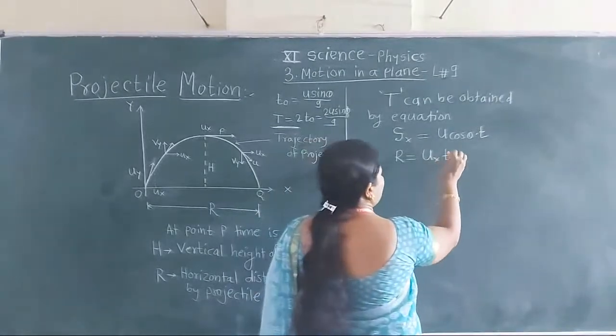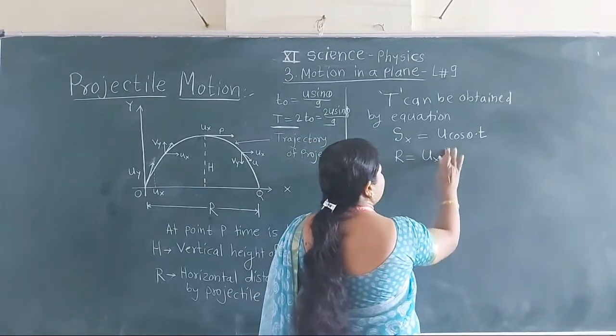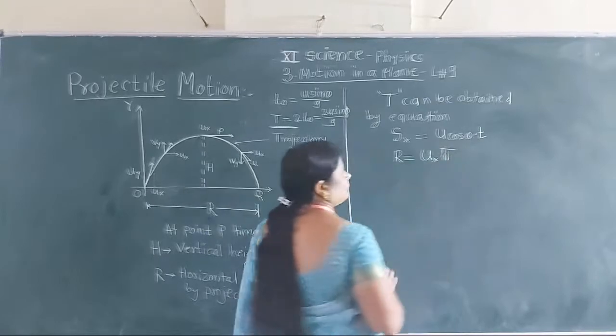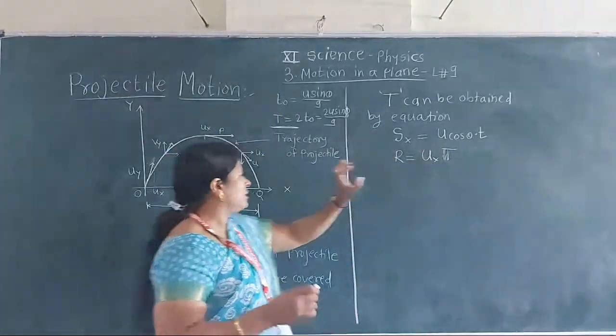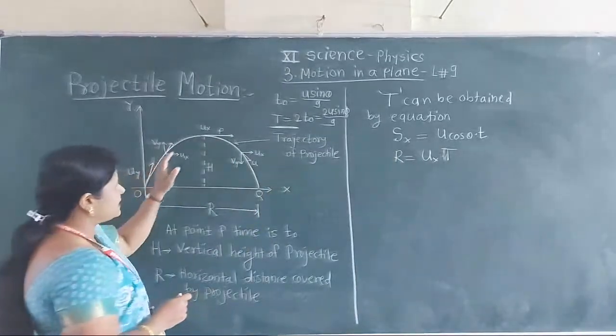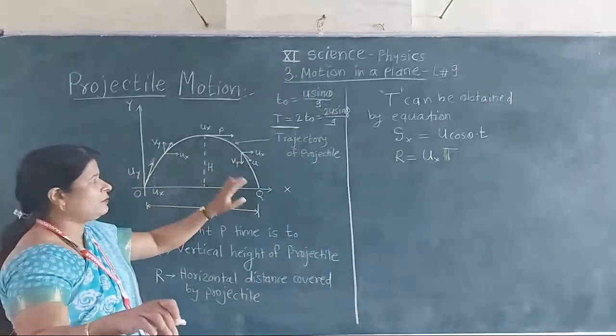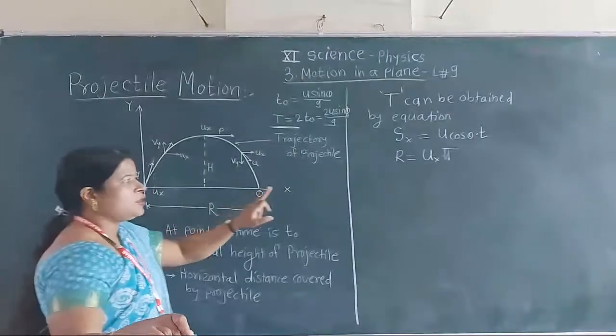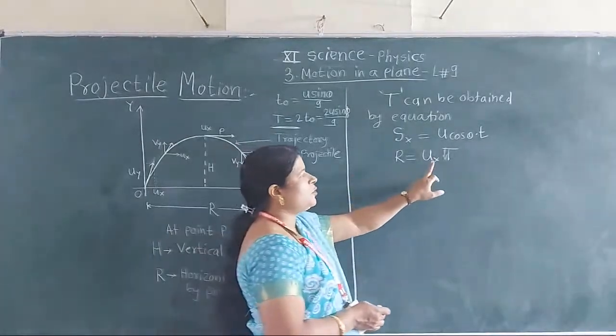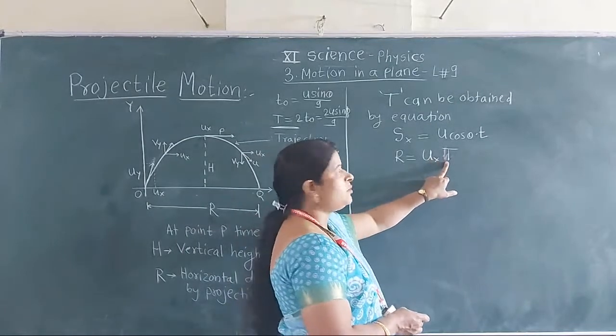For total time we write capital T, because the projectile covers the total trajectory along the x-axis. So R is equal to ux into T.